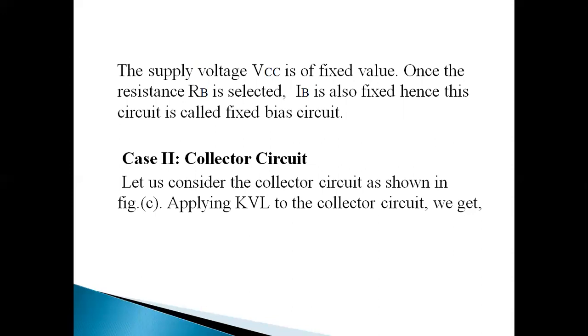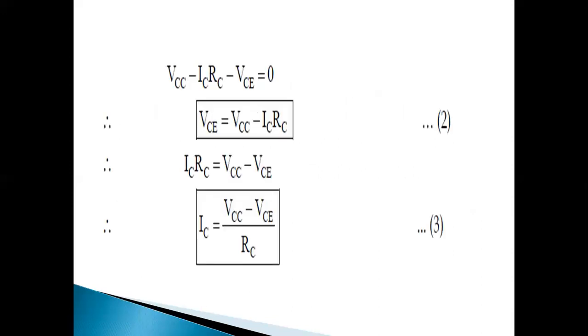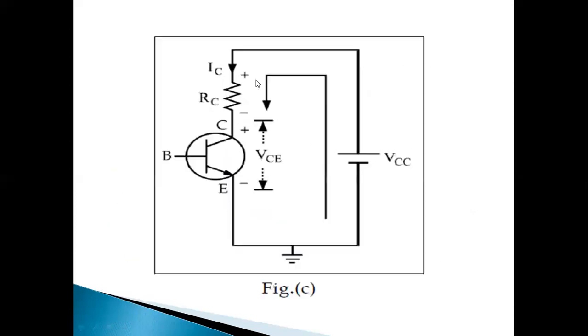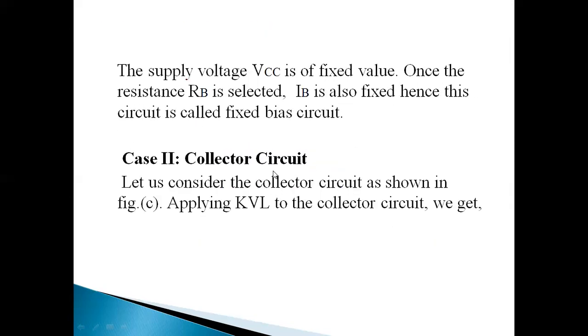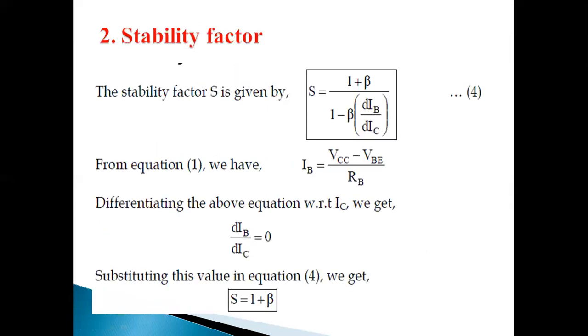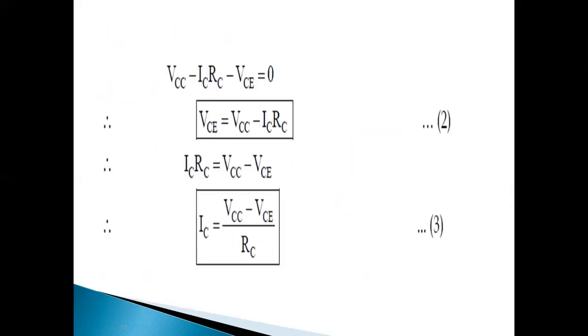Let us consider the collector circuit for the same circuit. If you apply KVL to the collector circuit, you will get VCC minus IC into RC minus VC is equal to 0. I will show this diagram once more: VCC minus IC into RC minus VC is equal to 0. From this, VC can be given as VCC minus IC into RC.